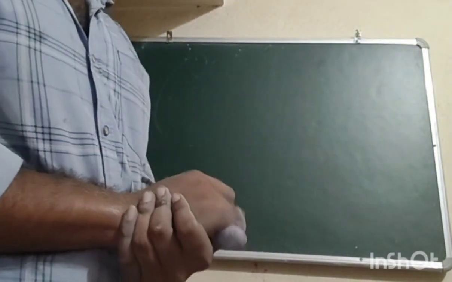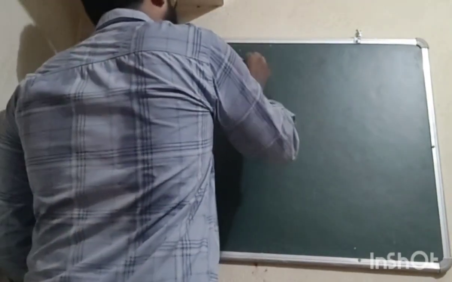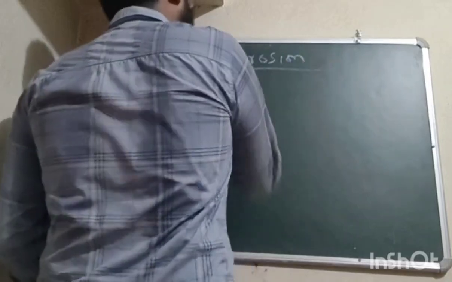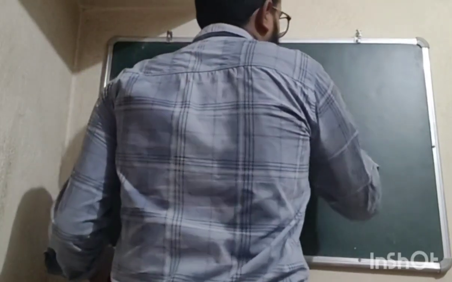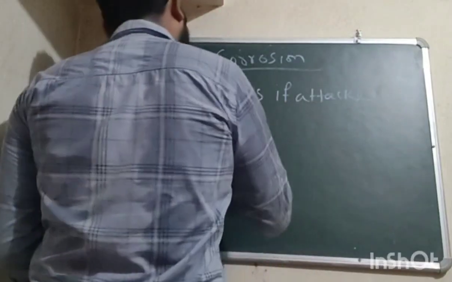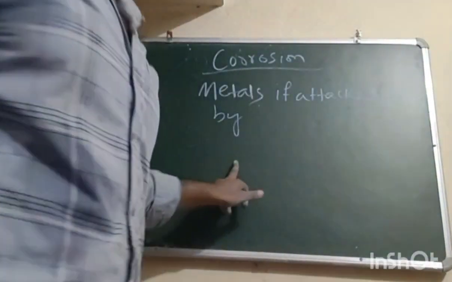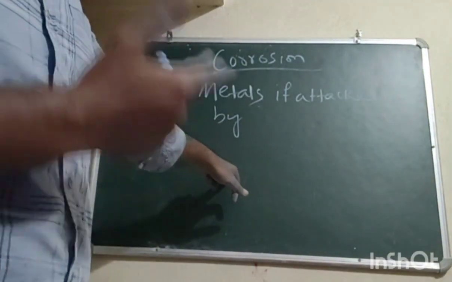Now, some topics of NCERT have been, I think, deleted, but these are important. Let's learn about these things. Number one thing is corrosion. Corrosion means metals are attacked by acid, moisture, or oxygen.